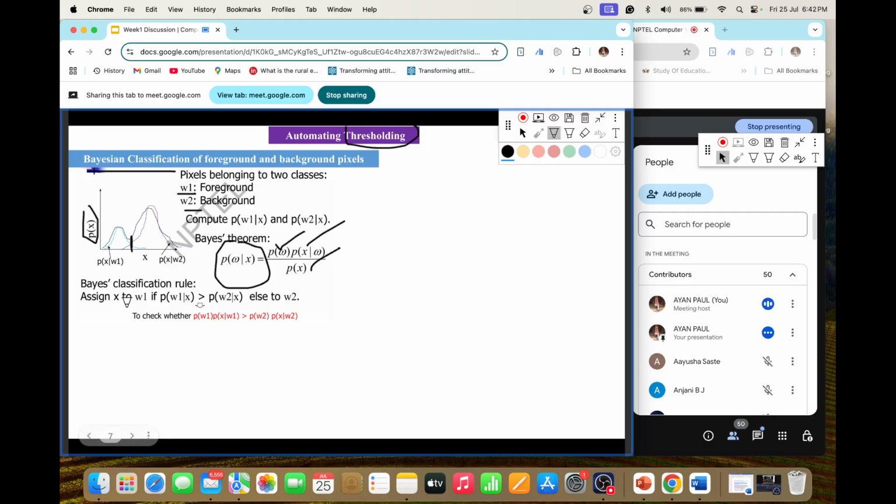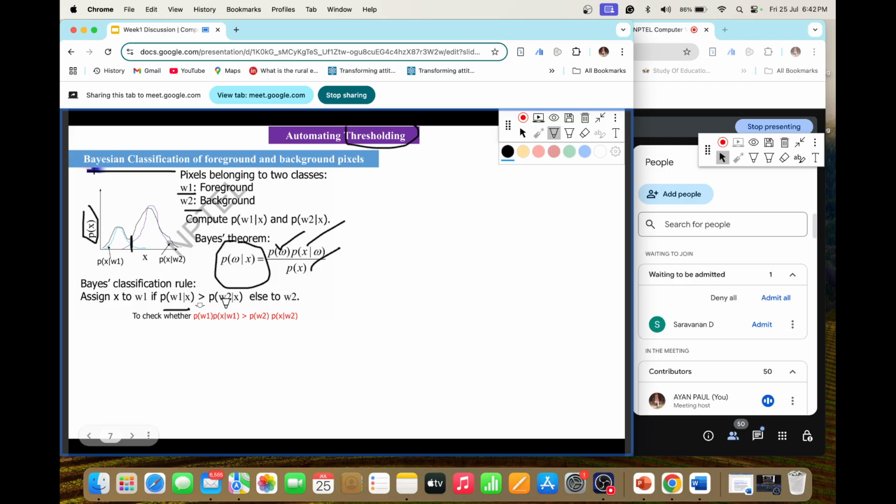Now how does the classification work? We assign this pixel to W1 if P(W1|x) is greater than P(W2|x), else to W2. If this condition is satisfied, we assign it to the W1 class, otherwise the W2 class.